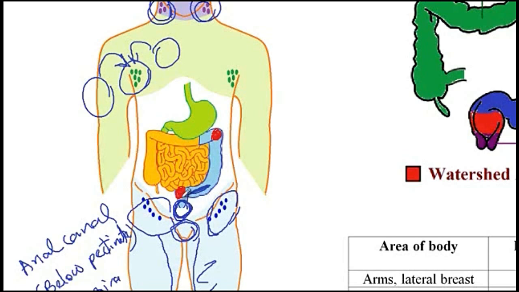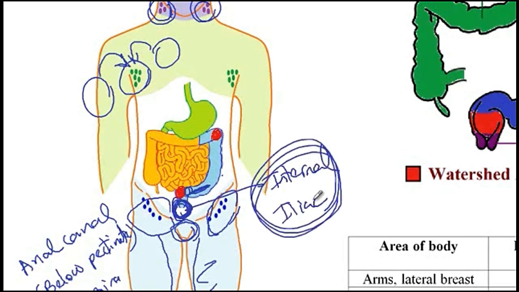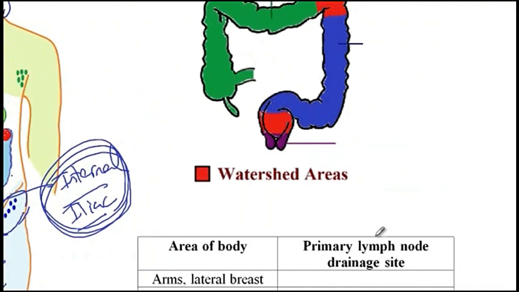Now, rectum is in a watershed area, so the above portion of it is being supplied by the inferior mesenteric artery, versus the majority of the lower part is being supplied by the internal iliac artery. So I would like you to remember that the rectum is being supplied by the internal iliac artery, and thus lymphatic drainage is also into the internal iliac area.